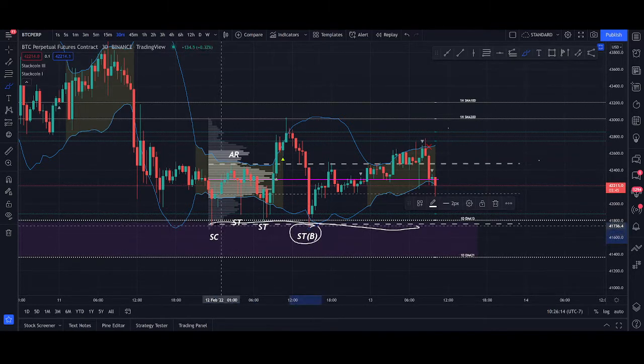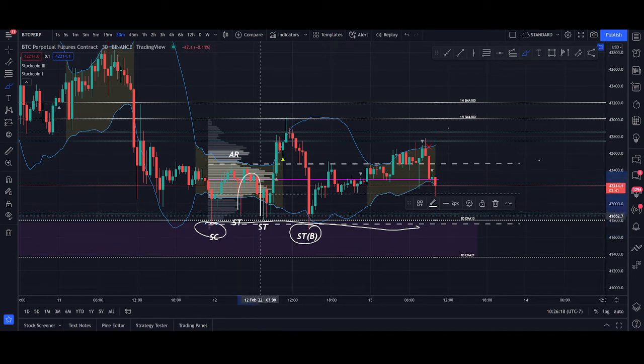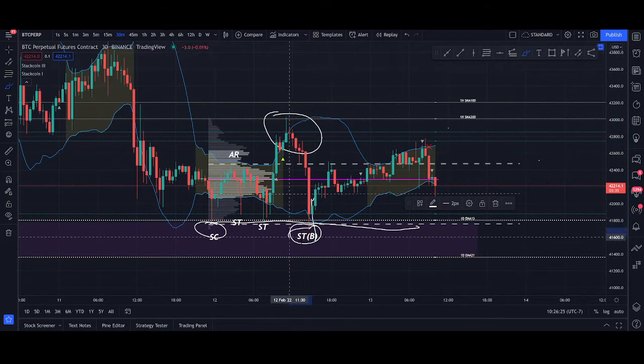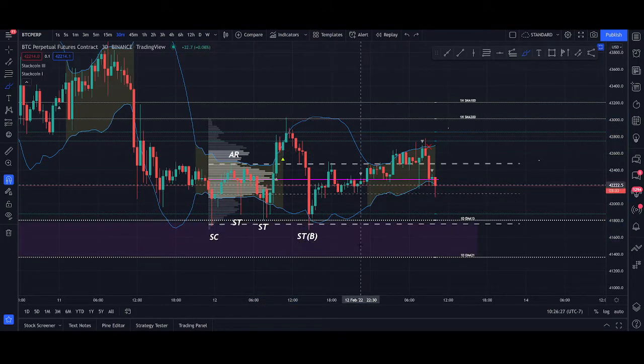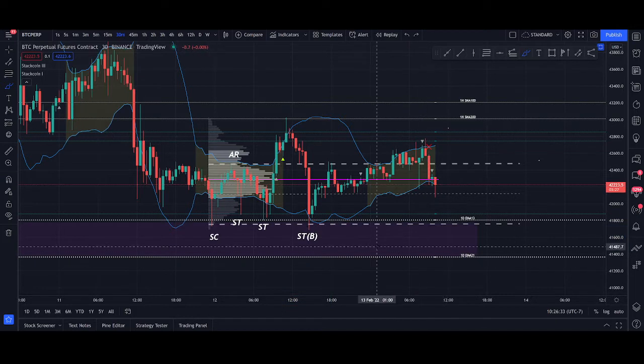But you want this one to be a new lower low, right? If it's not a new lower low, it's just another regular secondary test. Well, not really. If it comes after this upthrust, even if it doesn't break the bottom, it still could be considered a secondary test. It's just that at that point it gets very murky on what you're looking at, and you don't really want to trade it unless the rest looks very good.